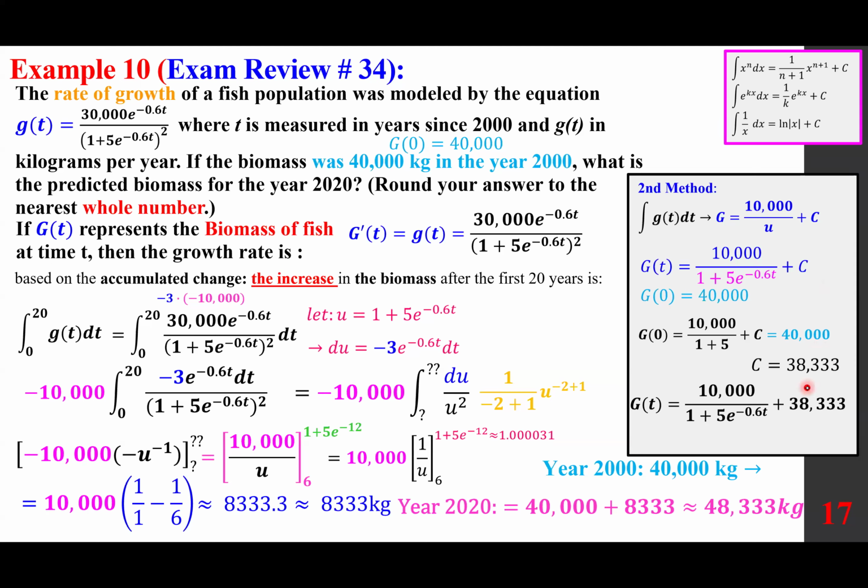So for the year 2020, we want g of 20, which gives us the same answer. If you want for the year 2025, then replace it with 25. So that's the advantage of finding the general solution and then a particular solution using the initial value problem.